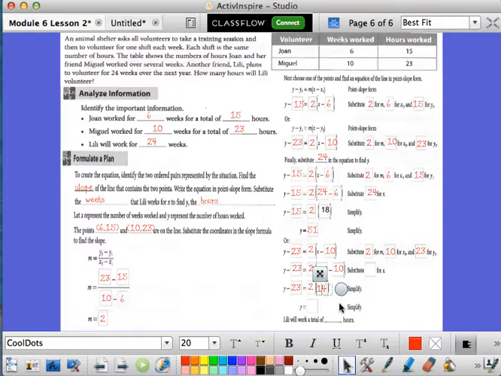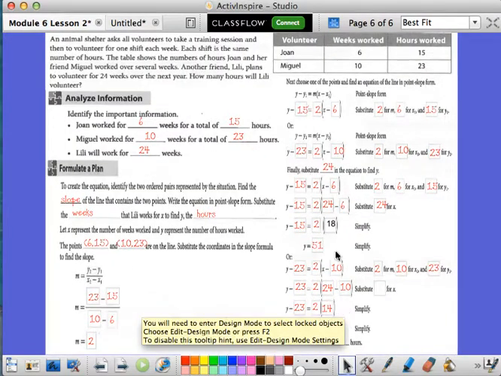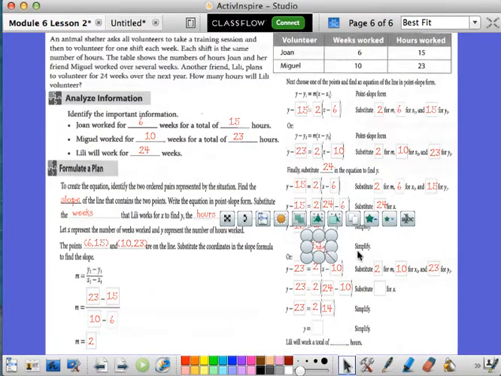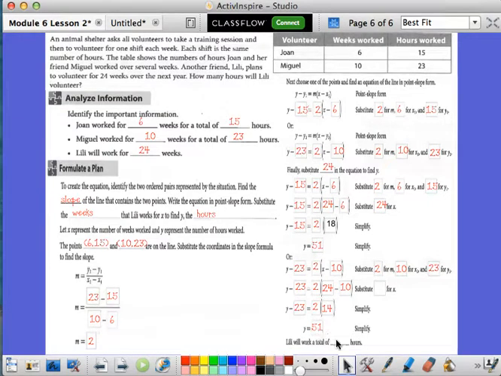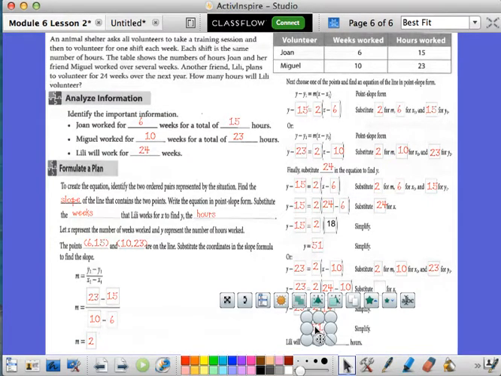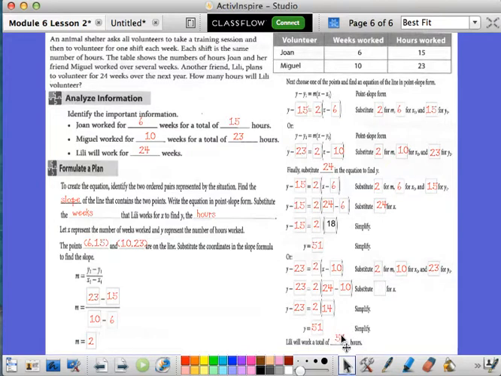And when I add 28 and 23, it gives me 51. So I know that in 24 weeks, she will have worked 51 hours.